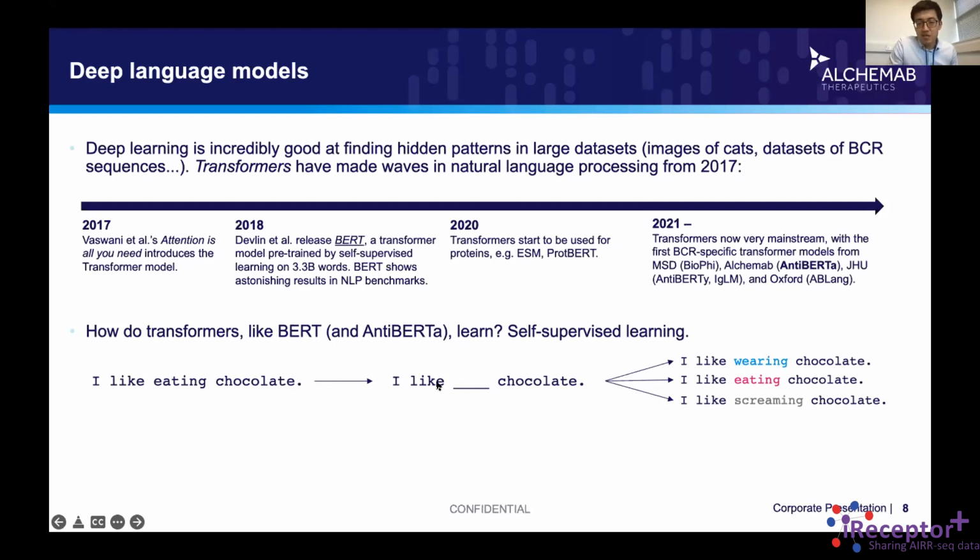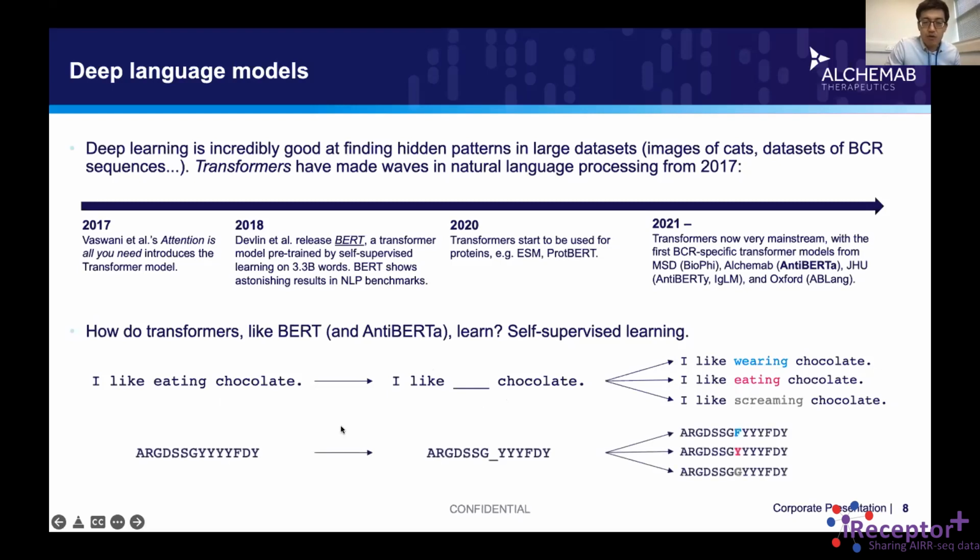Based on the context of the sentence before and after the word, it tries to work out which verb should fit in that blank. This entire task is called masked language modeling, and it falls under the umbrella of methods that one can use for self-supervised learning. But I would say that this masked language modeling is probably the most common for transformers.